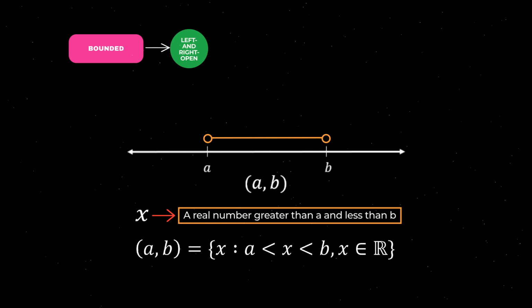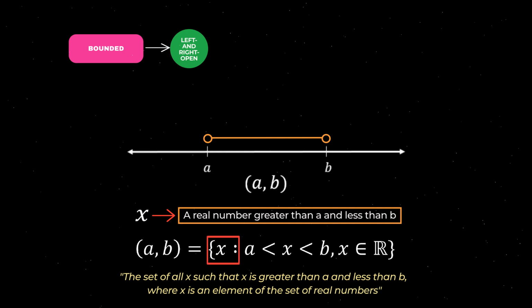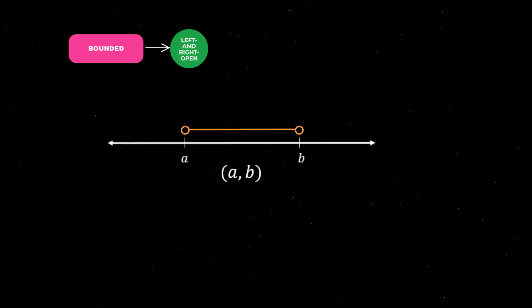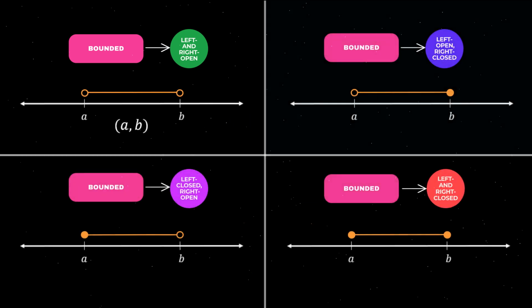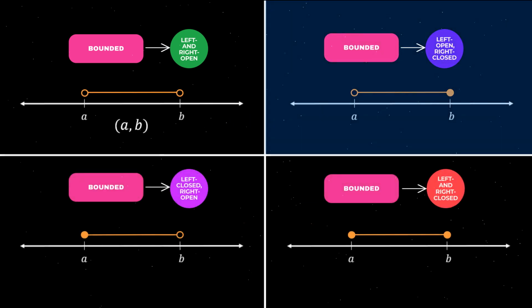Therefore, this left and right open interval in set builder notation can be described as the set of all x such that x is greater than a and less than b, where x is an element of the set of real numbers. Good.